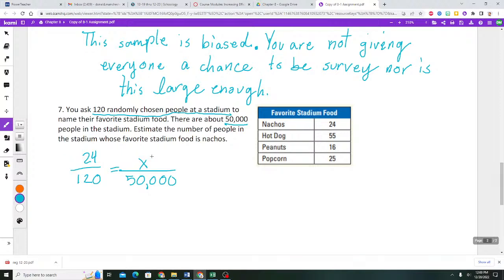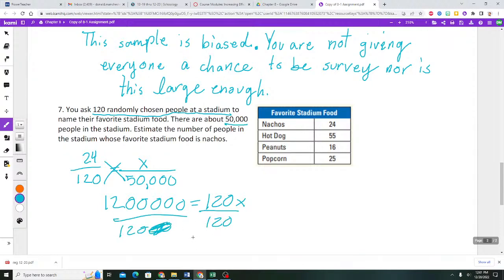That's 24 times 50,000, which gives us 1,200,000 equals 120x. We divide by 120, and we get 10,000 people whose favorite food is nachos.